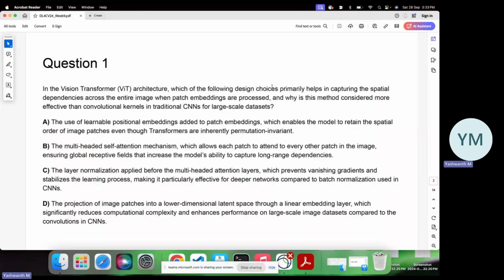Option D, the projection of image patches into a lower dimensional latent space through a linear embedding layer, which significantly reduces the computational complexity and enhances the performance on large-scale image datasets compared to convolutions in CNNs.